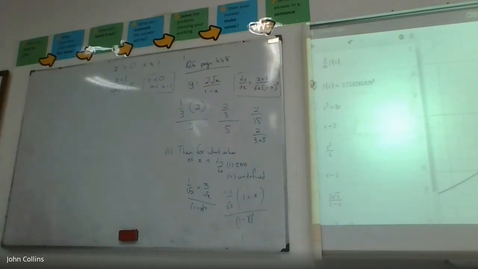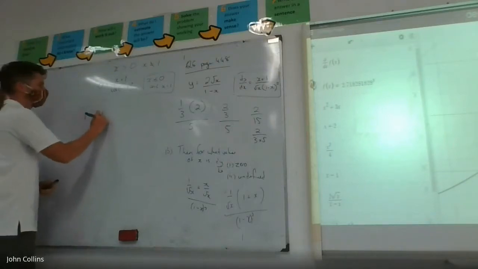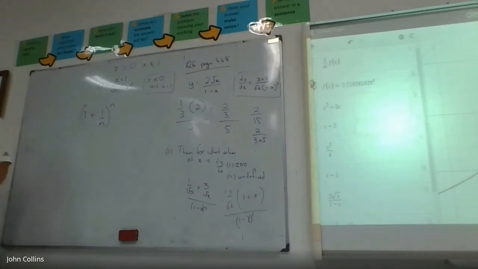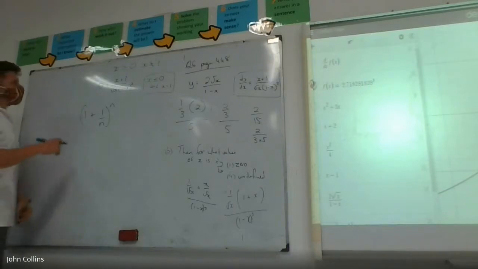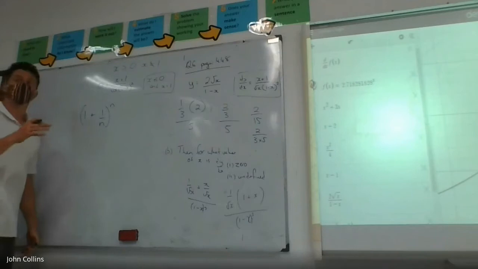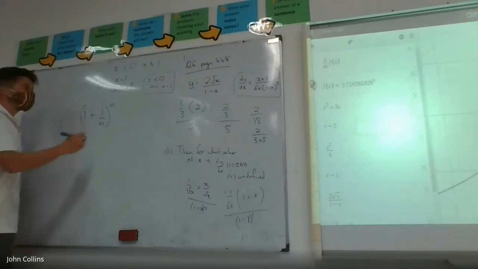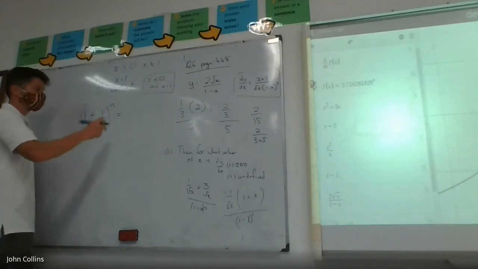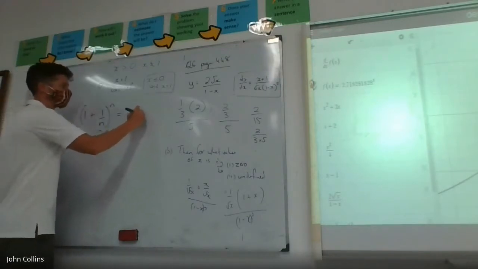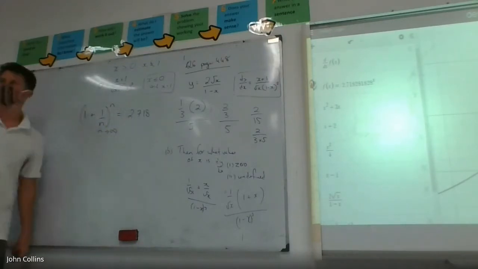The compound interest formula is (1 plus 1 over n) to the power of n, where n is the number of times it compounds. If you tend this function towards infinity, as n approaches infinity, the limit goes to e.